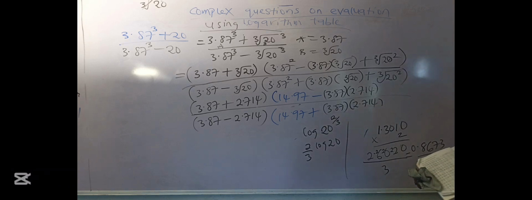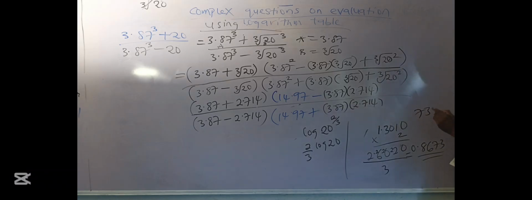Now I have to look for my antilog of it. So the antilog of 86 under 7. 86 under 7, difference 3 is 5. 86 under 7 is 7362, so plus 5, 7367.